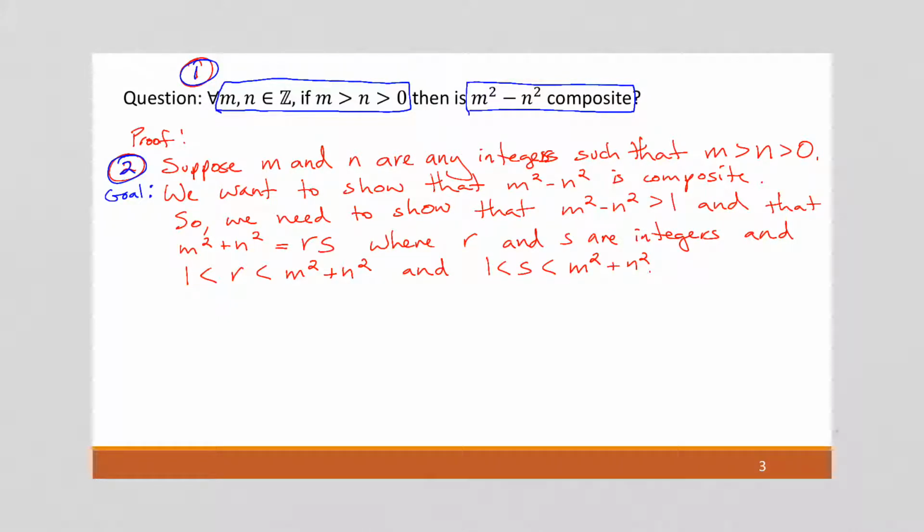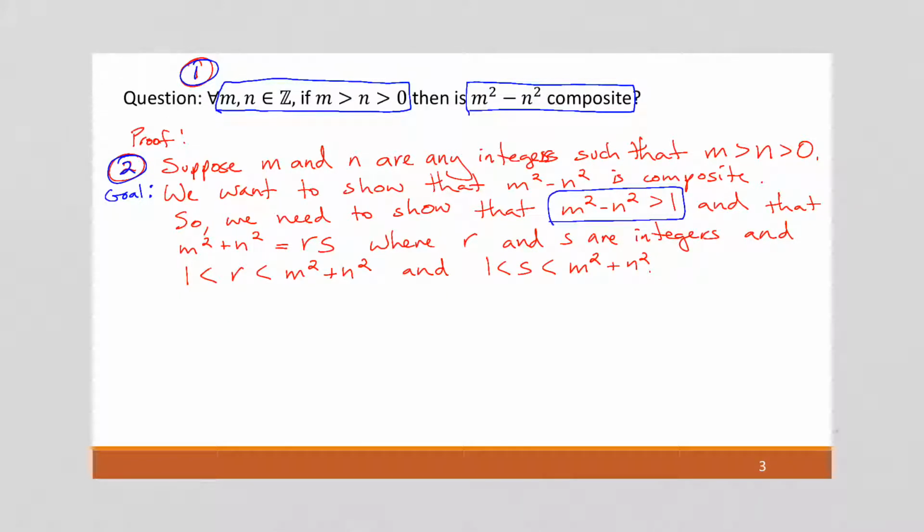Okay, so how am I going to do this? Well, this looks a little tricky. One thing I can notice is I can show this first part without too much difficulty.